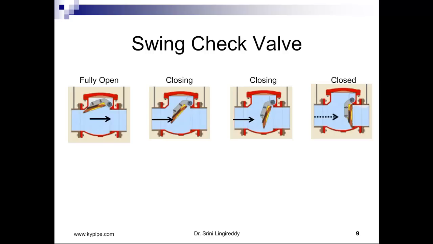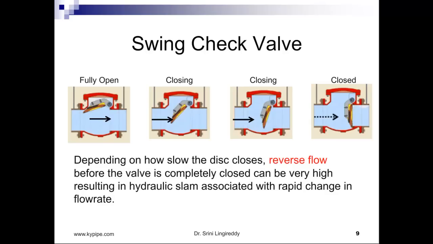And then what happens? Just prior to complete closure of this disc, there was fluid flowing in the reverse direction. That means there was an associated velocity. And when the disc closes completely, that velocity, that flow rate, comes to a standstill. That means there is a rapid change in the velocity.